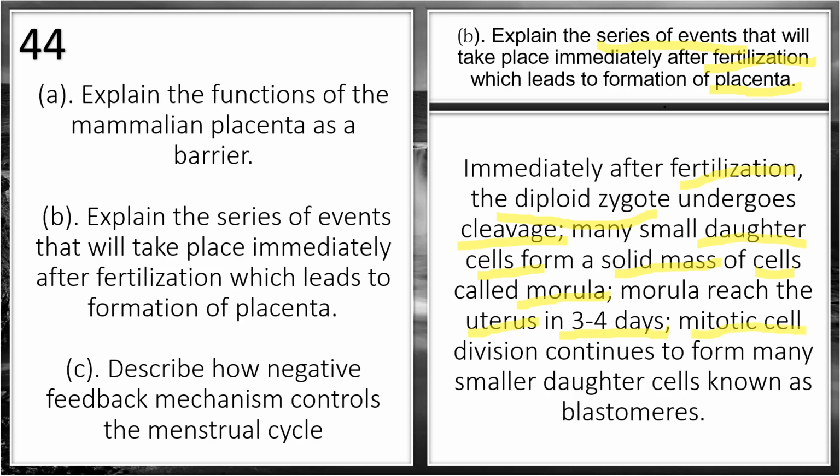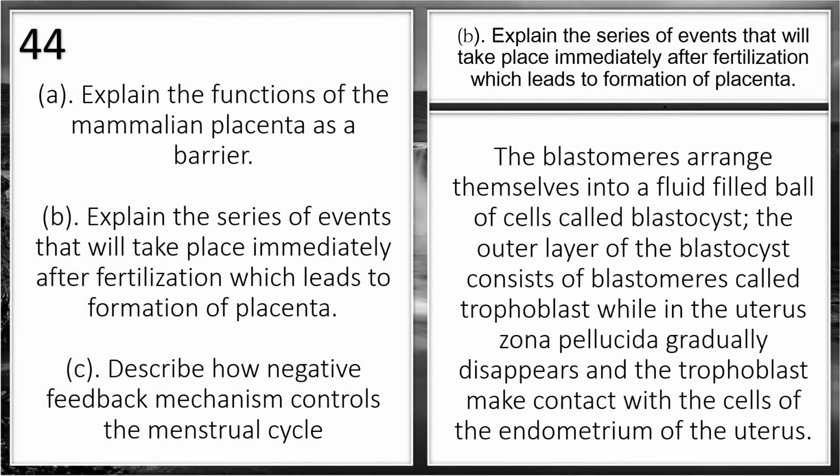Mitotic cell division continues to form many small daughter cells, now known as blastomeres. The blastomeres arrange themselves into a fluid-filled ball of cells called the blastocyst.